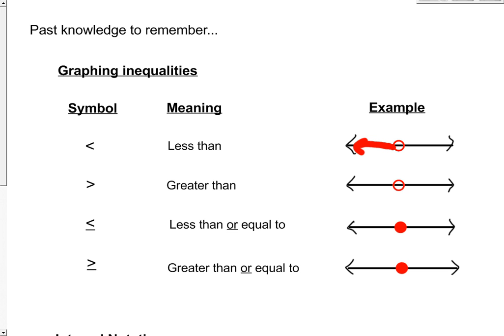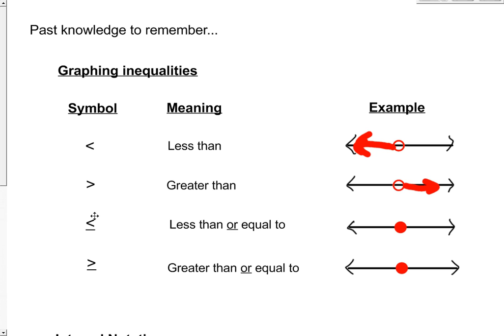And you want to make sure that it's visible and understanding what is happening. Whether you do that on the line or above the line, it's up to you. This next symbol is greater than. So again, greater than, not equal to, is an open dot, and we are going from the dot to the right and drawing an arrow.